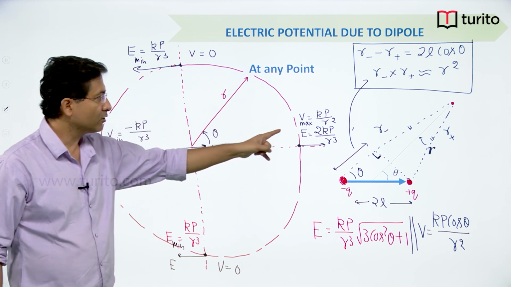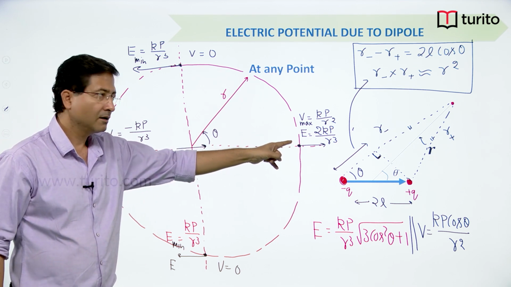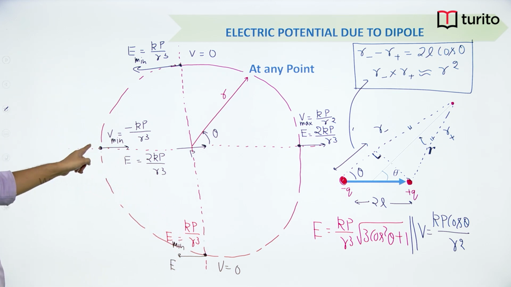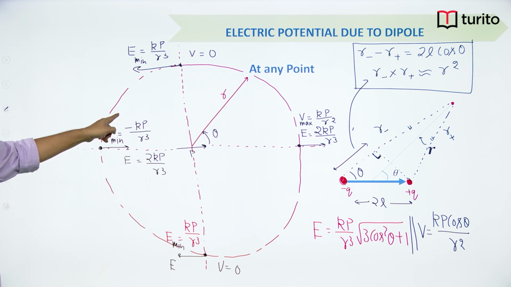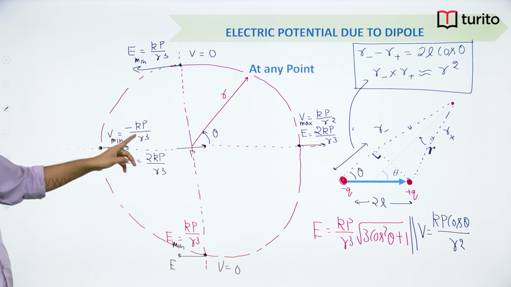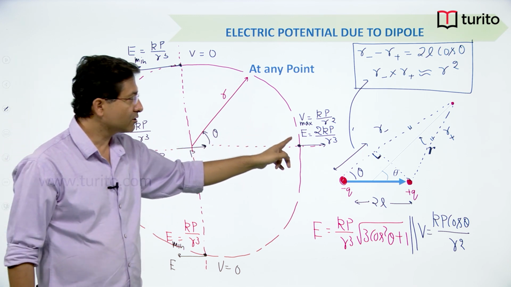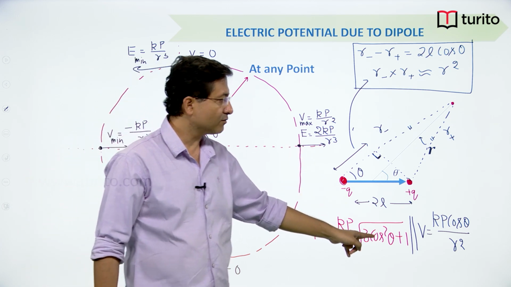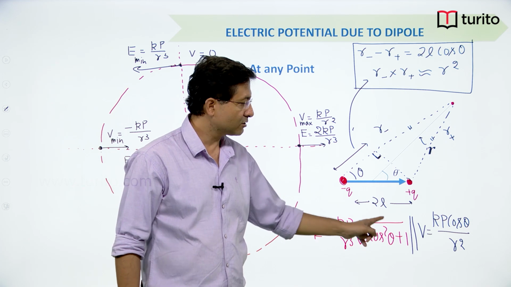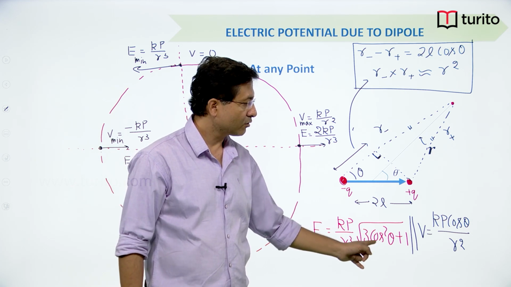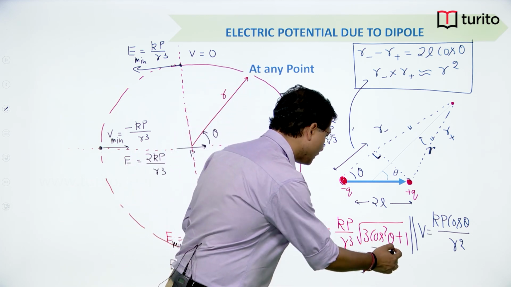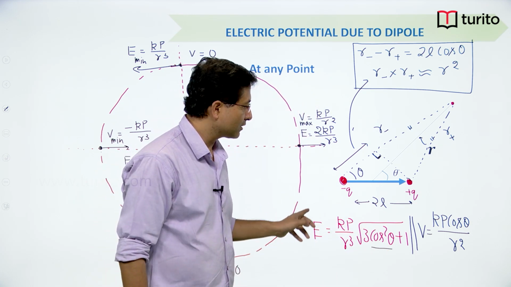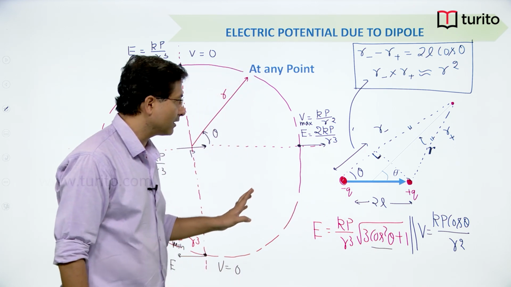So this is the point of maximum potential, these are the points of zero potential, and this is the point of least potential, a scalar quantity with a negative sign. This is the point of maximum field, because when cos square becomes 1, this whole function will assume its maximum value, right.